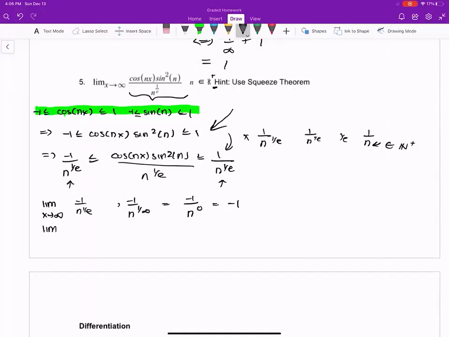Similarly, if you calculate the limit as x goes to infinity of +1 over n to the 1 over e, you get +1 over n to the 0 equals, is it 1? Oh, yeah.